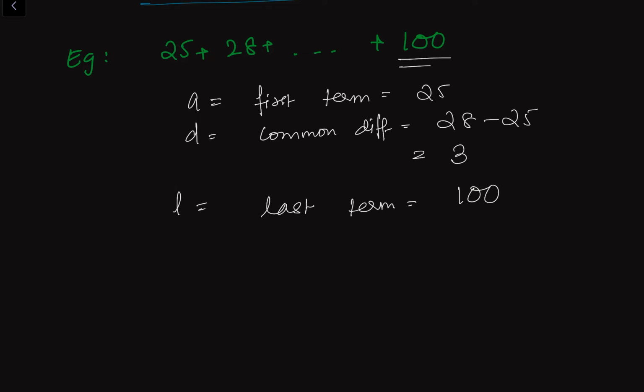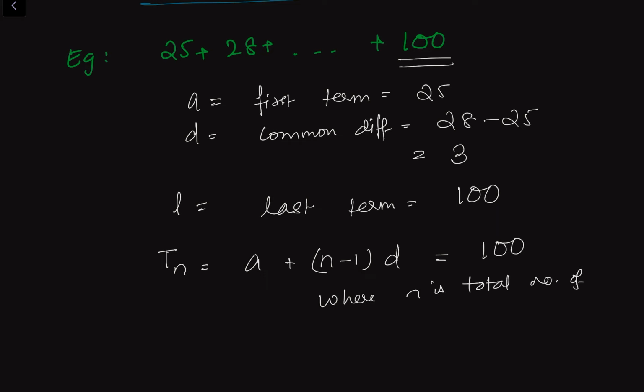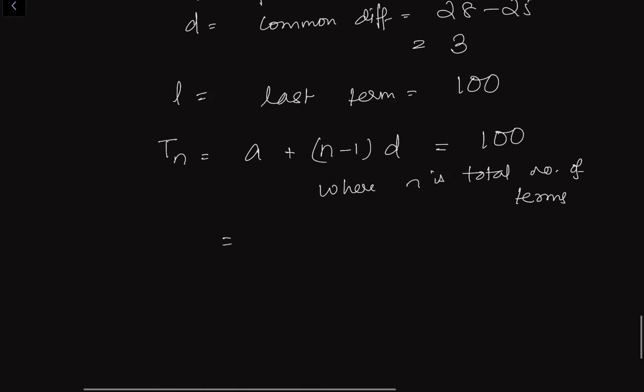So the last term is given as 100. How do we find n? Tn is equal to A plus (n minus 1) D, equal to 100, where n is the total number of terms. So this is 25 plus (n minus 1) into 3 is equal to 100.